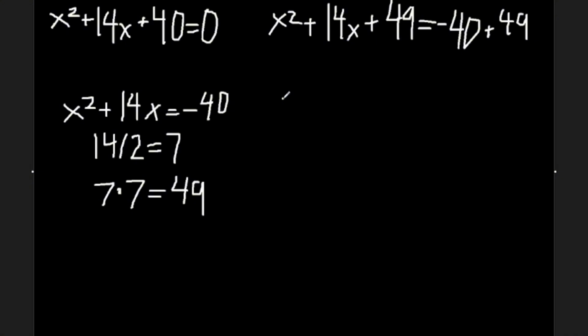Now, just like we did last example, we need to factor the left side of the equal sign. So it's x plus 7 squared equal to negative 40 plus 49 is 9.